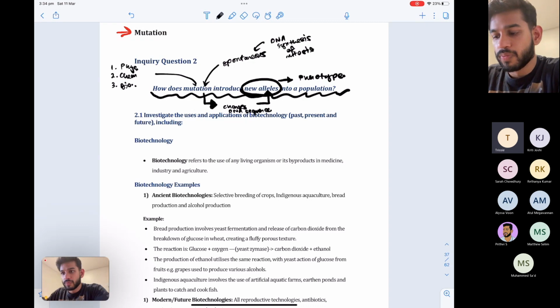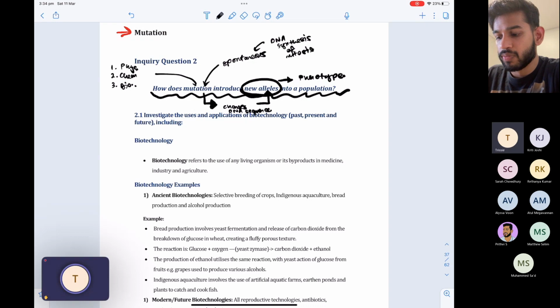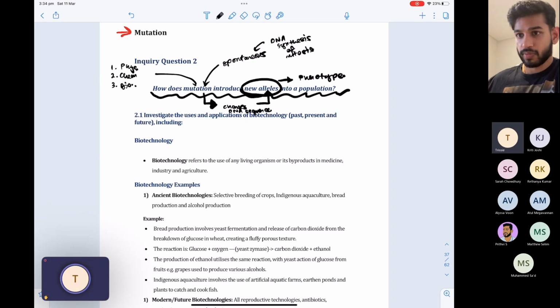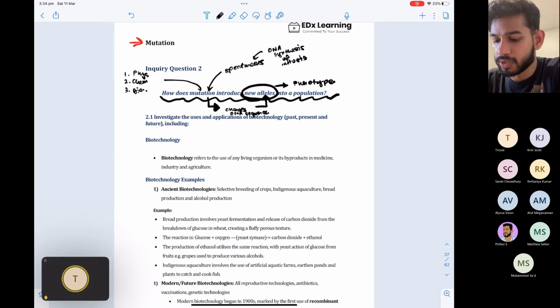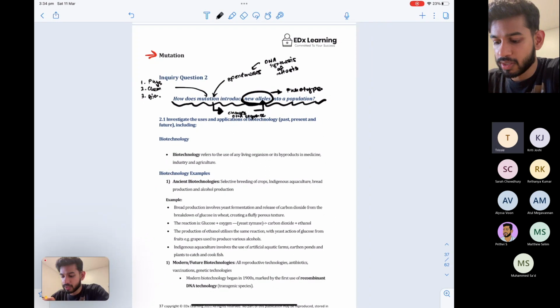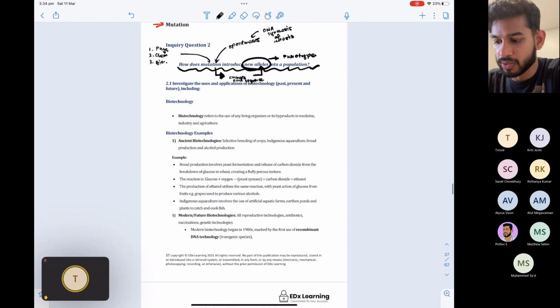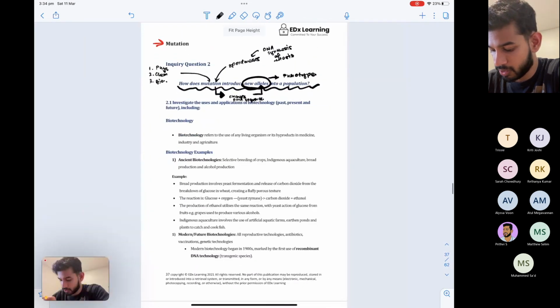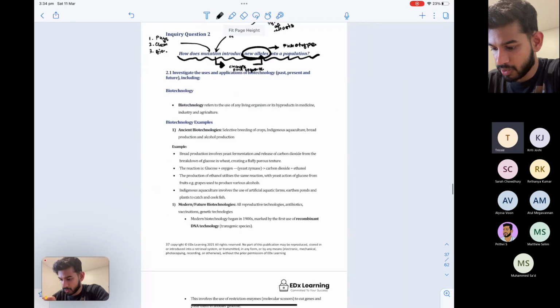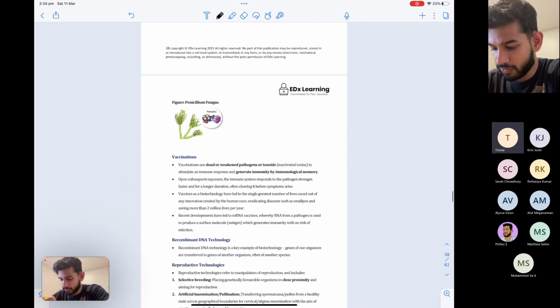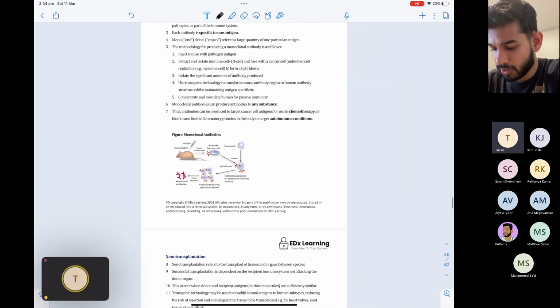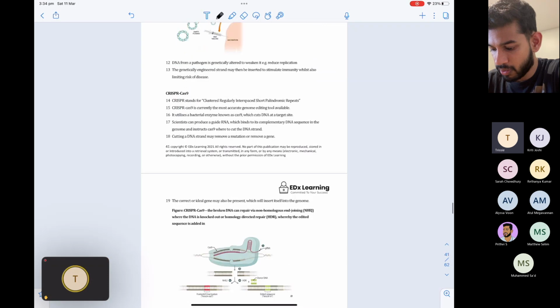I think it's how do genetic techniques affect Earth's biodiversity? Oh, great. Is that in your book, Tracy? I'm not sure, but it just says inquiry question 2. Oh, so this is not what it says on your page in the notes? I think the inquiry question is just a bit different.